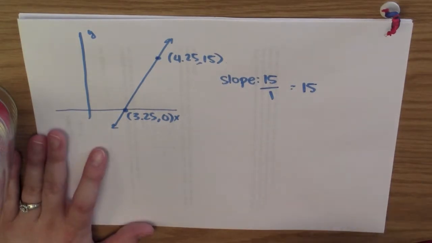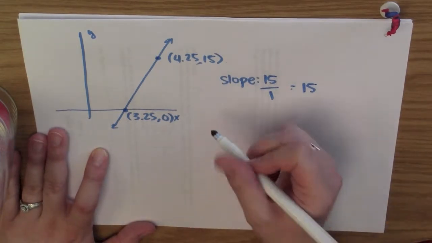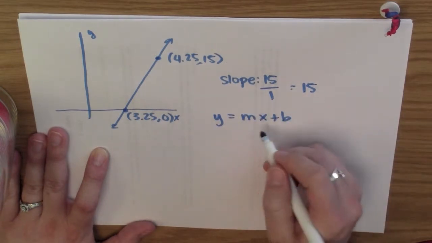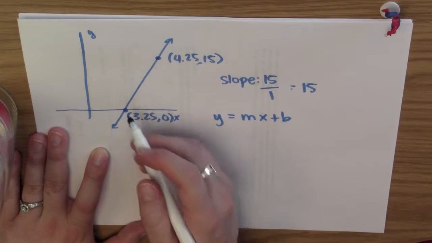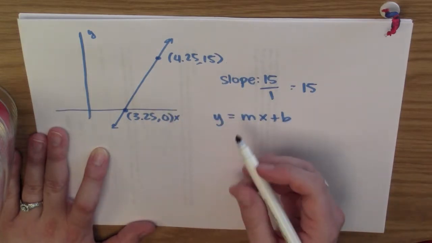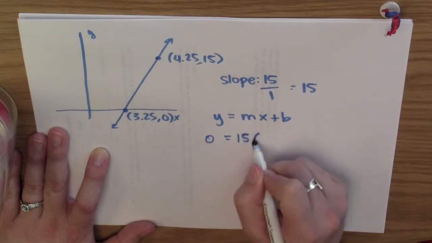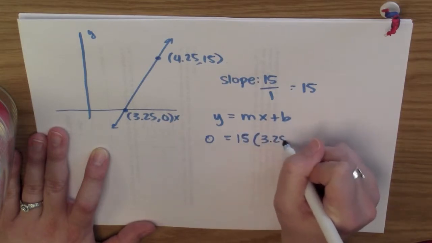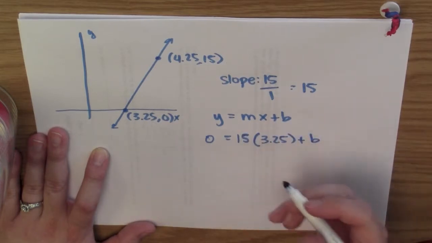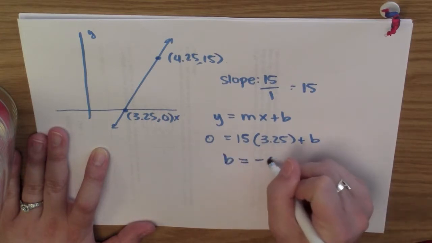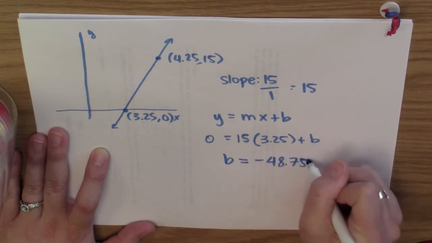Using slope-intercept form, y equals mx plus b, and knowing my slope is 15, I can plug in either of my two points. So 0 equals 15 times my x-coordinate 3.25 plus b, which gives me a y-intercept of negative 48.75.